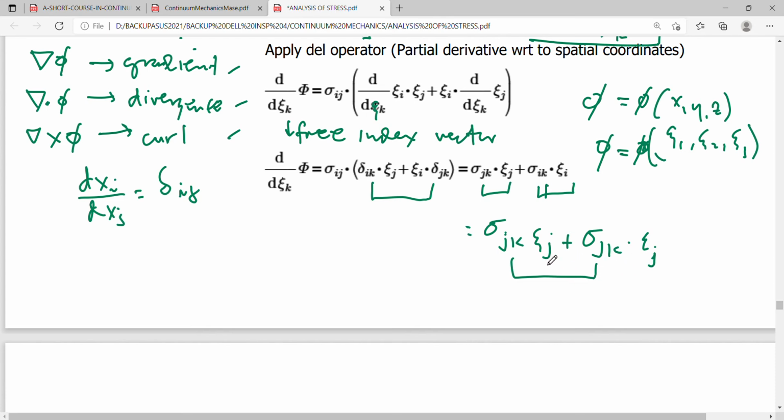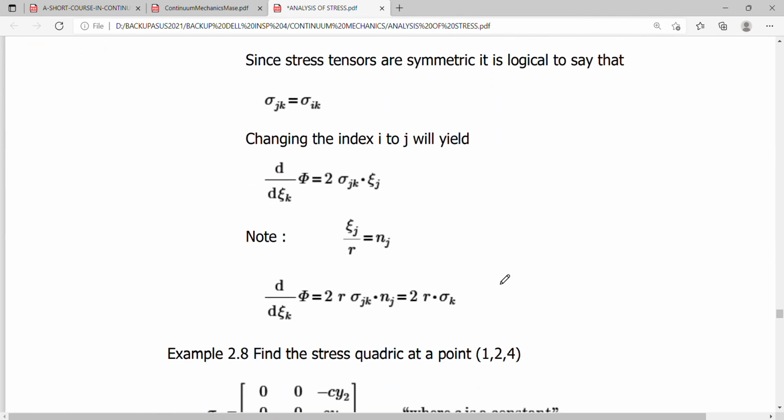What is important is that these are common terms, then I can add them in order for me to get a value of 2 here. So I just change the index i to j and it will yield these two. And take note that again, this is a direction vector divided by the magnitude of that vector, which becomes a unit normal vector nj.